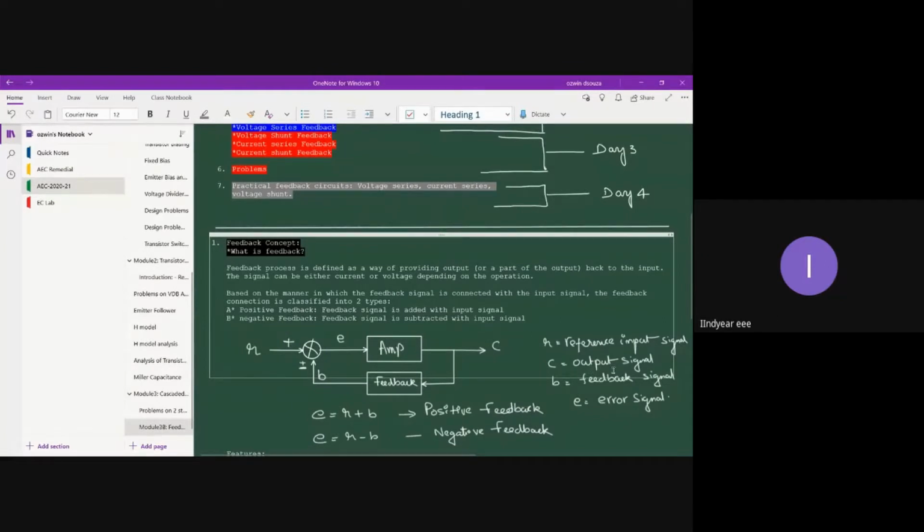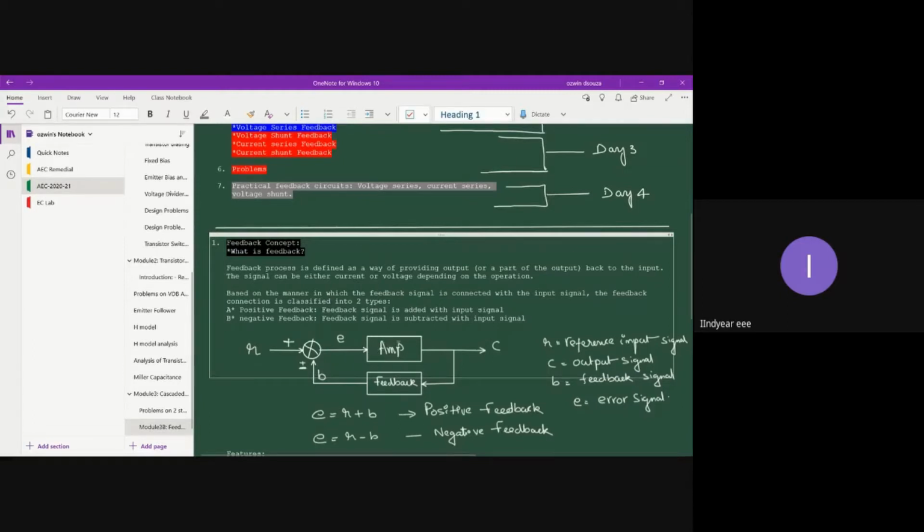The signal starts from, say, R, then becomes E, and then finally you get the signal C. On the other hand, in the bottom half, the signal is flowing from right to left. So in a typical feedback system, you will have bidirectional signal flow.